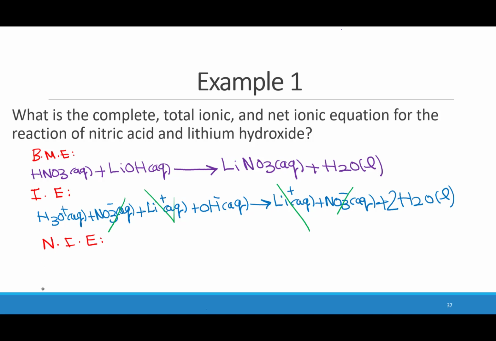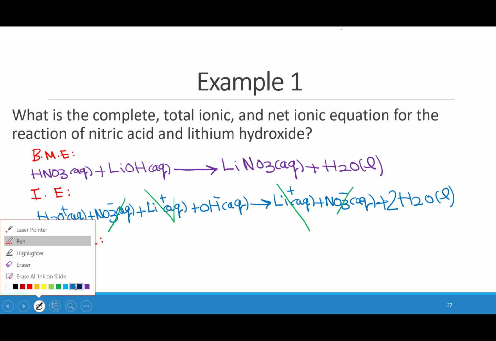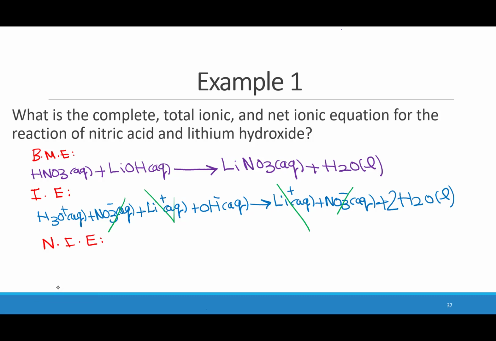Whatever is left over is the net ionic equation, which will be hydronium ion plus hydroxide ion, which gives 2 water molecules.